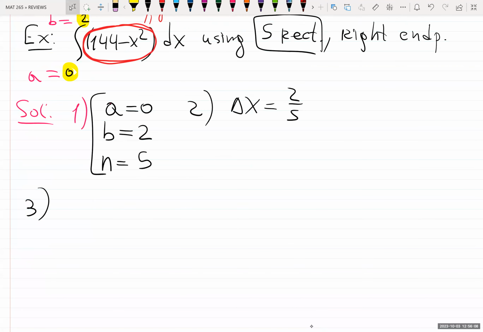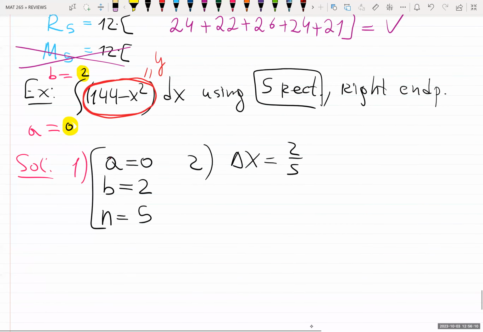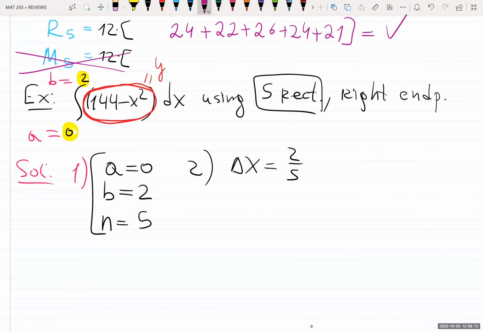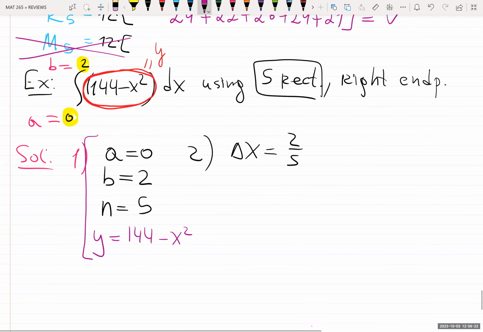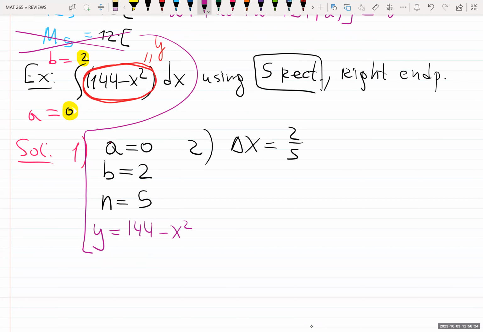You can write down a, b, n, and also y equals 144 minus x squared. It's part of the things given, just in the form of the integral. Then you proceed exactly the way we did it before. So this is a genius connection between approximating areas below the graph and integrals. This is how we can approximate integrals.